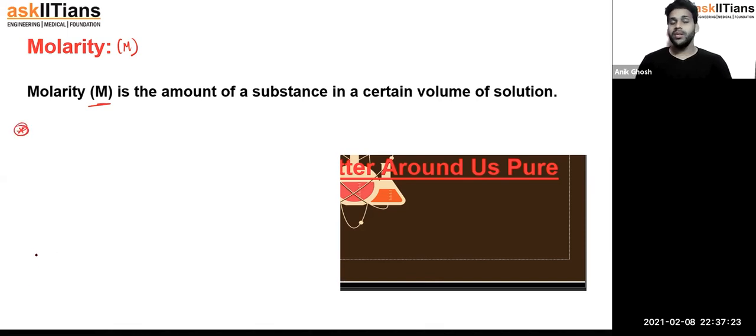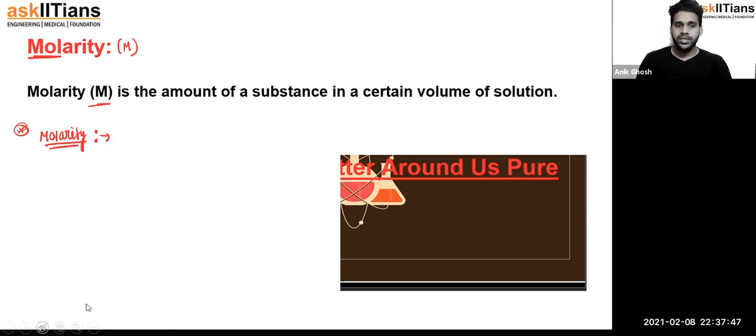Now, what is molarity? Look at the name first. Molarity has something to do with moles, isn't it? Now, let's try to understand the formula of molarity.